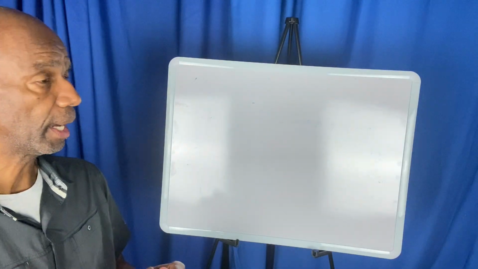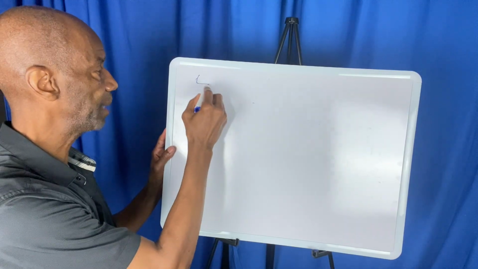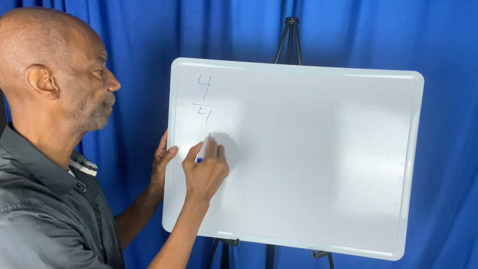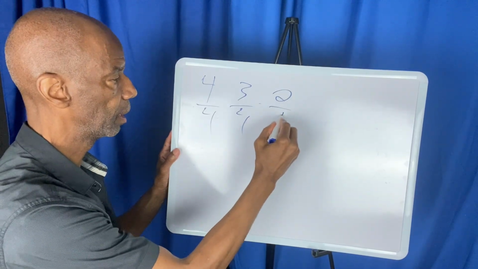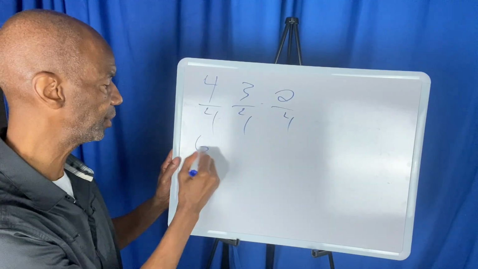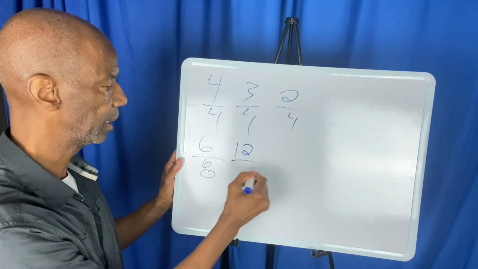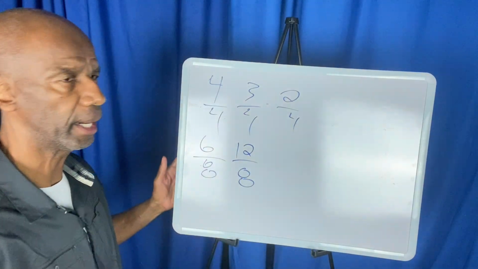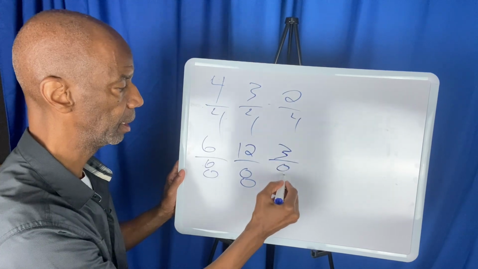So let's say you have time signatures like 4-4, 3-4, 2-4. You have those kinds of time signatures. You see 6-8 a lot, 12-8 a lot, and 3-8.